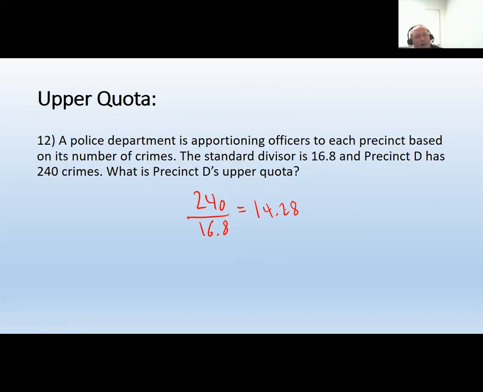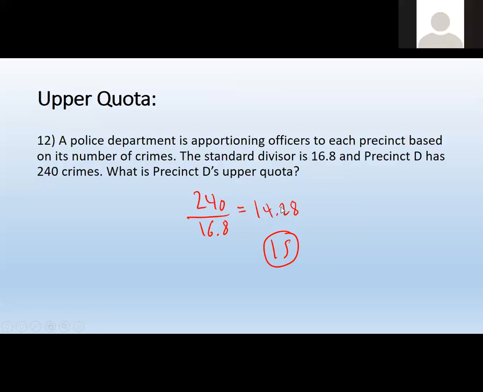If we were rounding normally, we'd go down to 14. But this is asking what the precinct D's upper quota is, and it's just going to be 15. It's rounding up no matter what. So the upper quota would be 15, the lower quota would be 14 if the standard quota is 14.28. And that would be the case no matter what, if it's between 14 and 15.